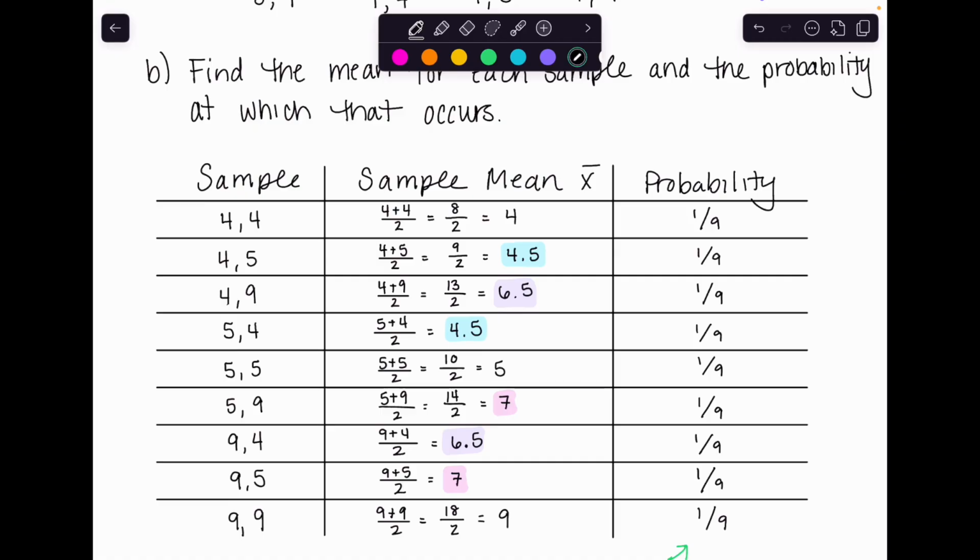But if you had to find the variance, that would take you a very long time, which is why I didn't do it in this video, because otherwise it would probably be like an hour and a half long.